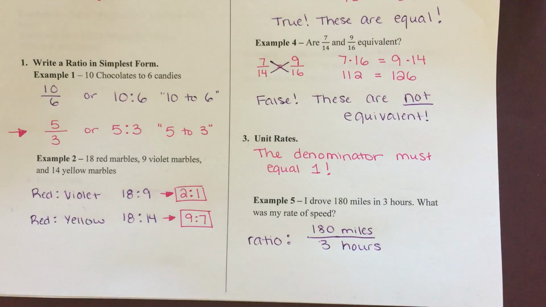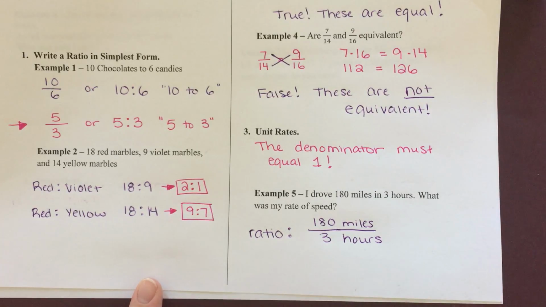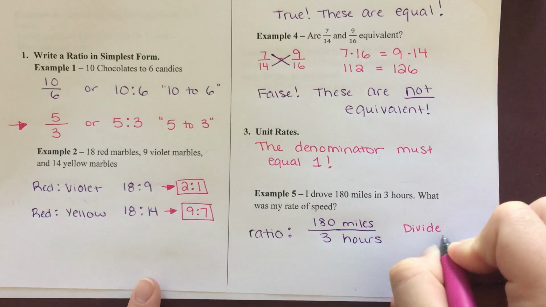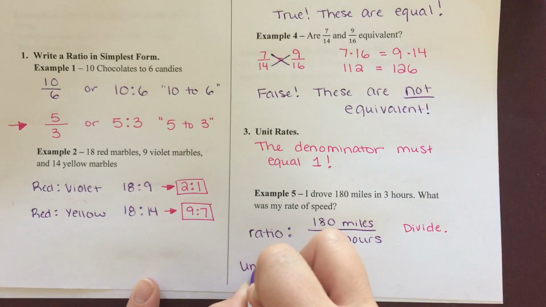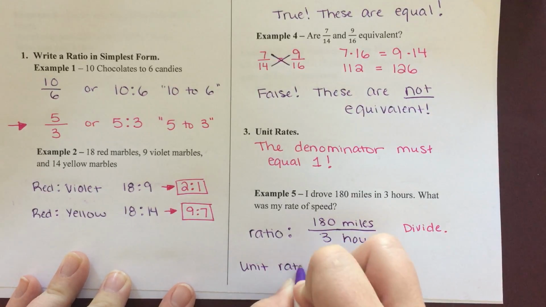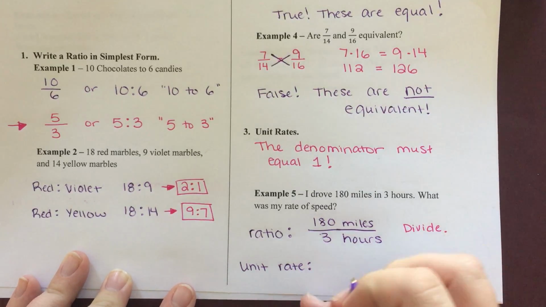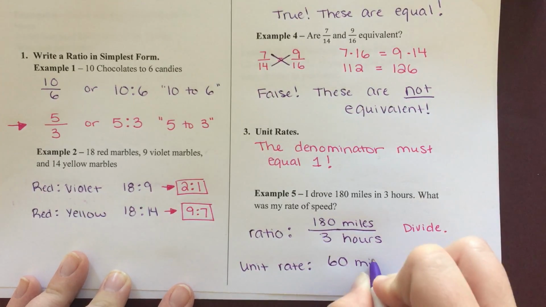Our denominator right now is 3. It is not 1, so we must divide. When we divide, we're going to get our unit rate. Our unit rate when we do 180 divided by 3 is going to give us 60 miles per hour.